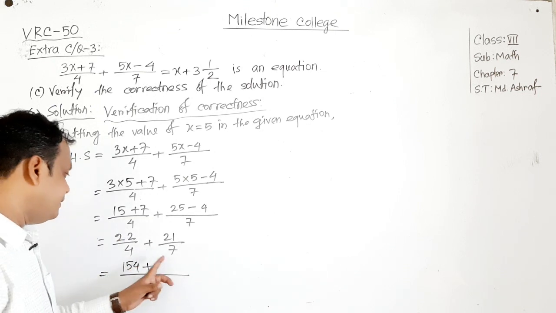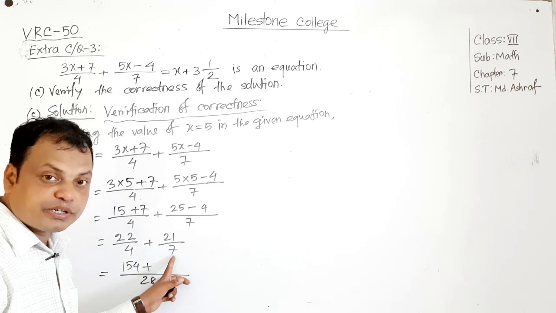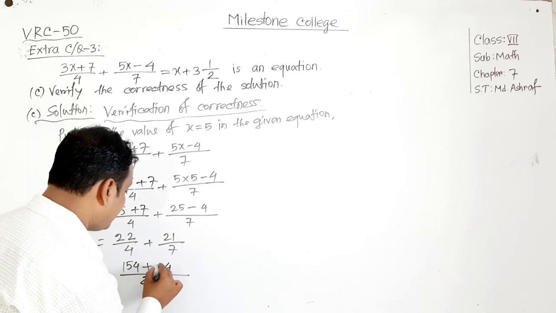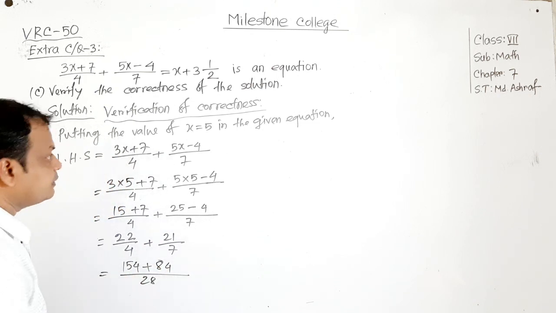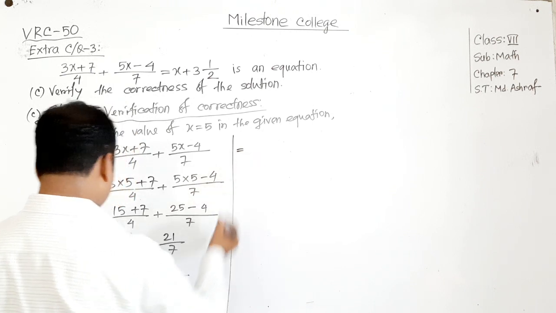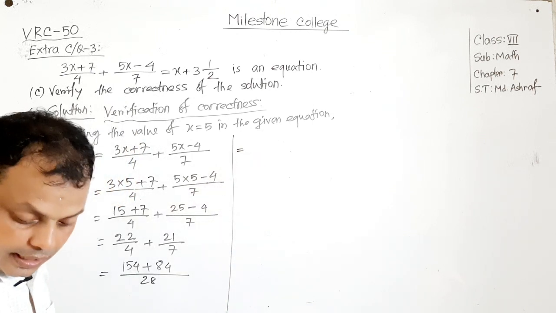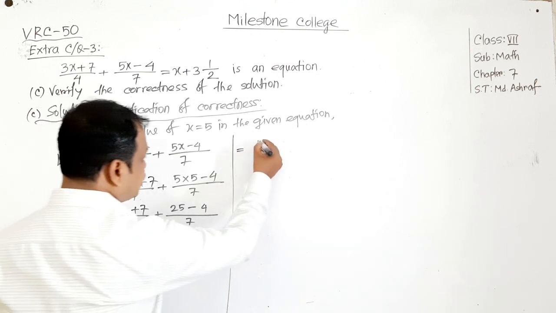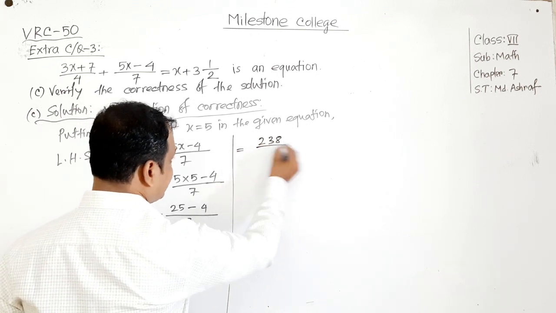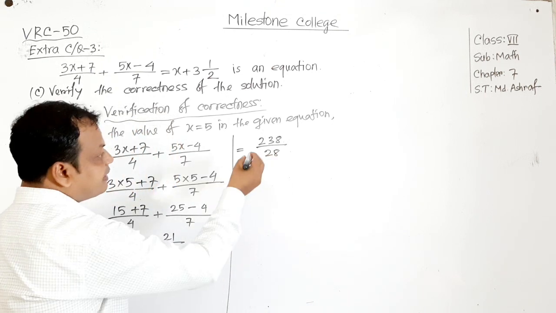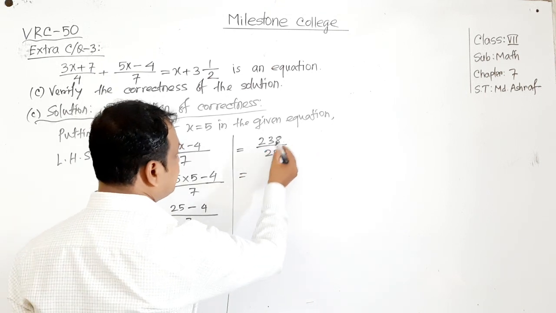Plus again divide 28 by the denominator 7, then we get 4. 4 and 21 is 84. So calculate it here: 154 plus 84, we get 238. 238 divided by 28. Calculate it. At first divide both by 2, then what do you get?